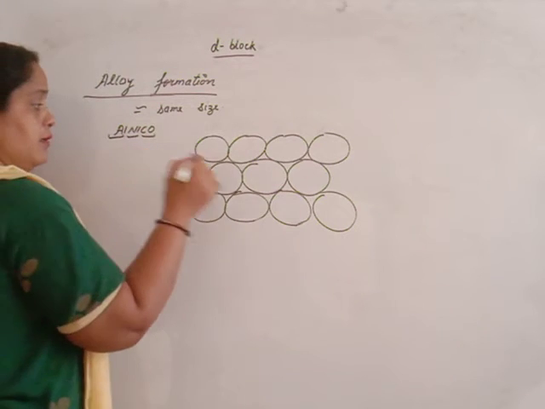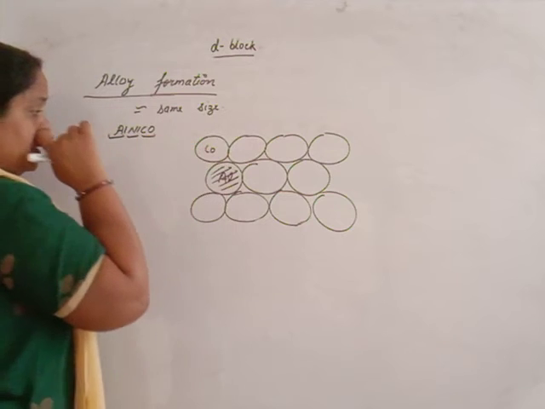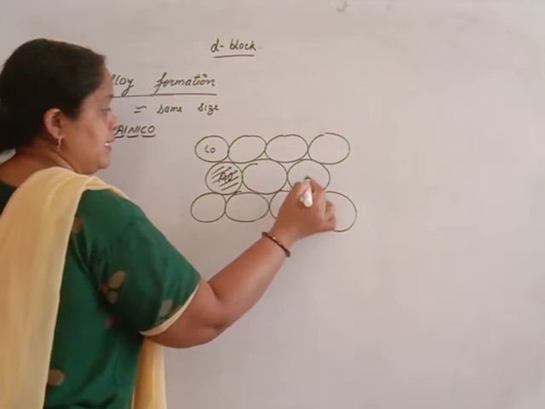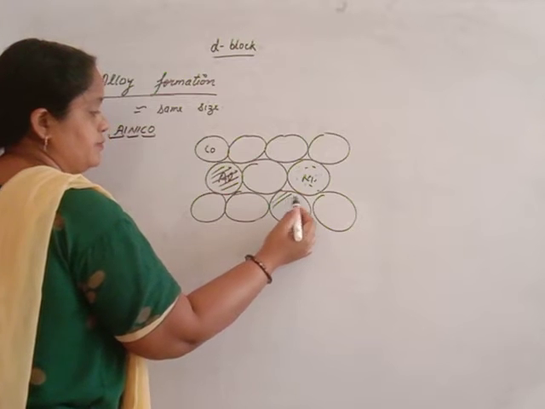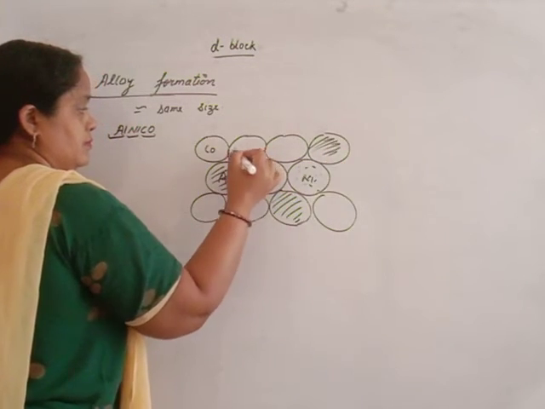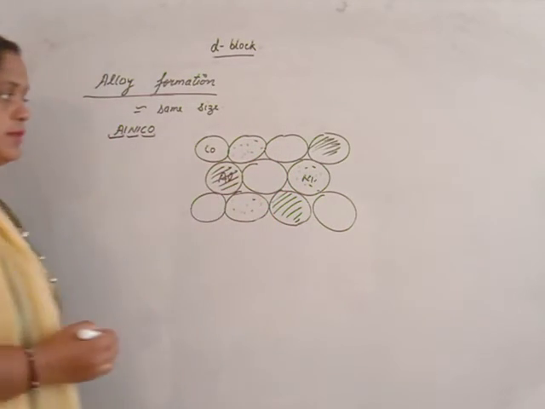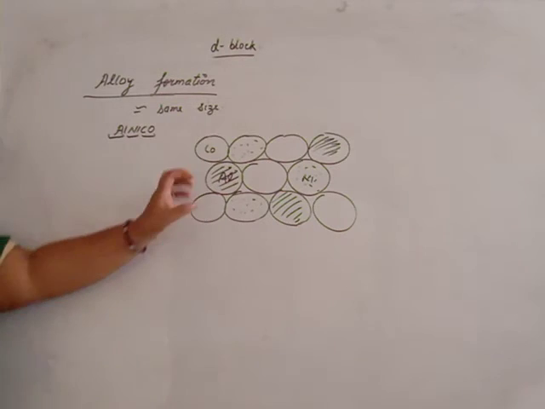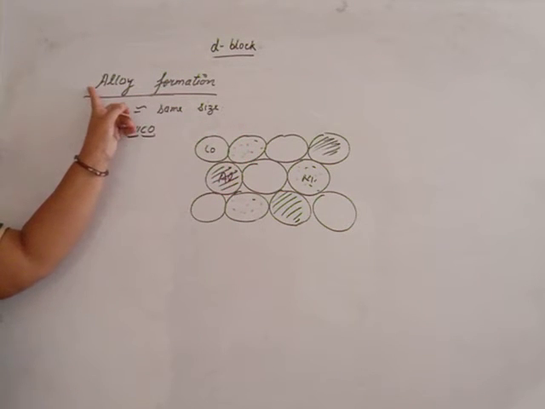Suppose this is aluminium, this is cobalt, and this is nickel. Fit like this. Like this. That means they mix together to form alloys.